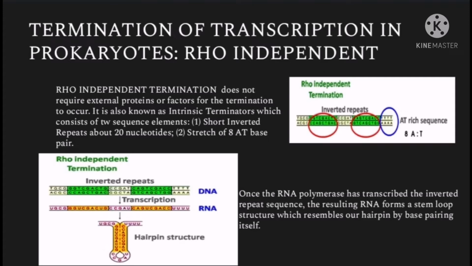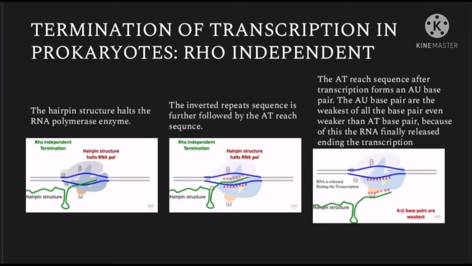Once the RNA polymerase has transcribed the inverted repeat sequence, please zoom in on the image. The resulting RNA forms a stem-loop structure, which resembles a hairpin, by base pairing with itself.